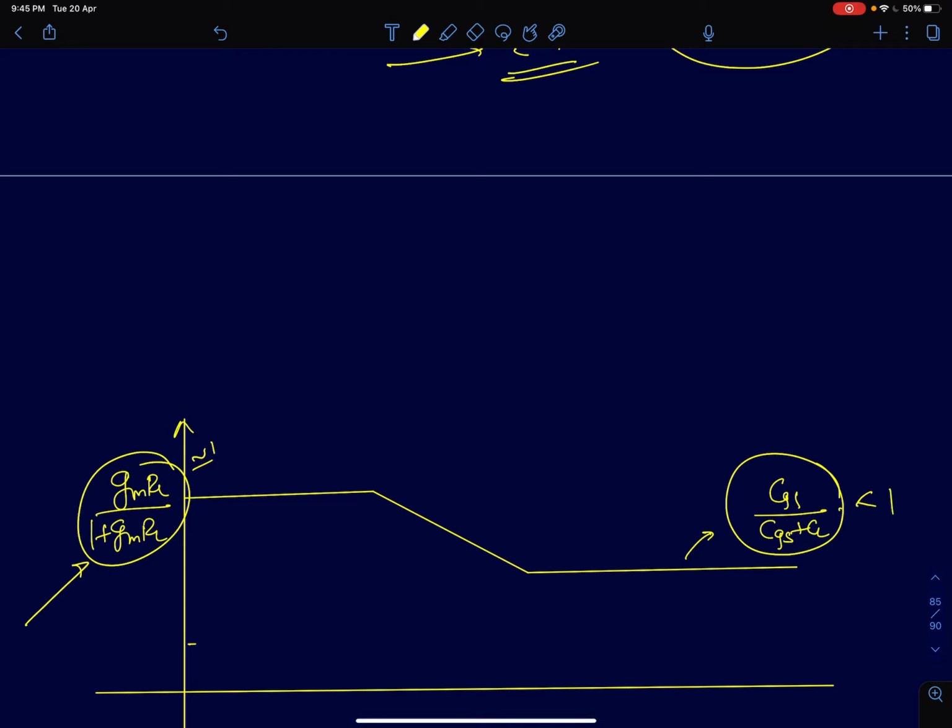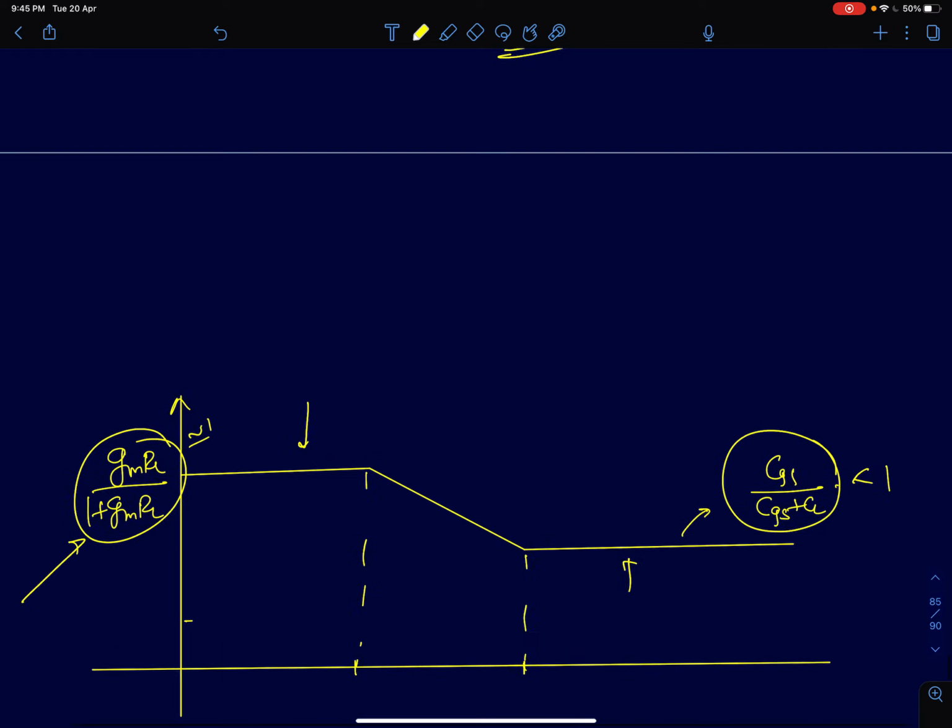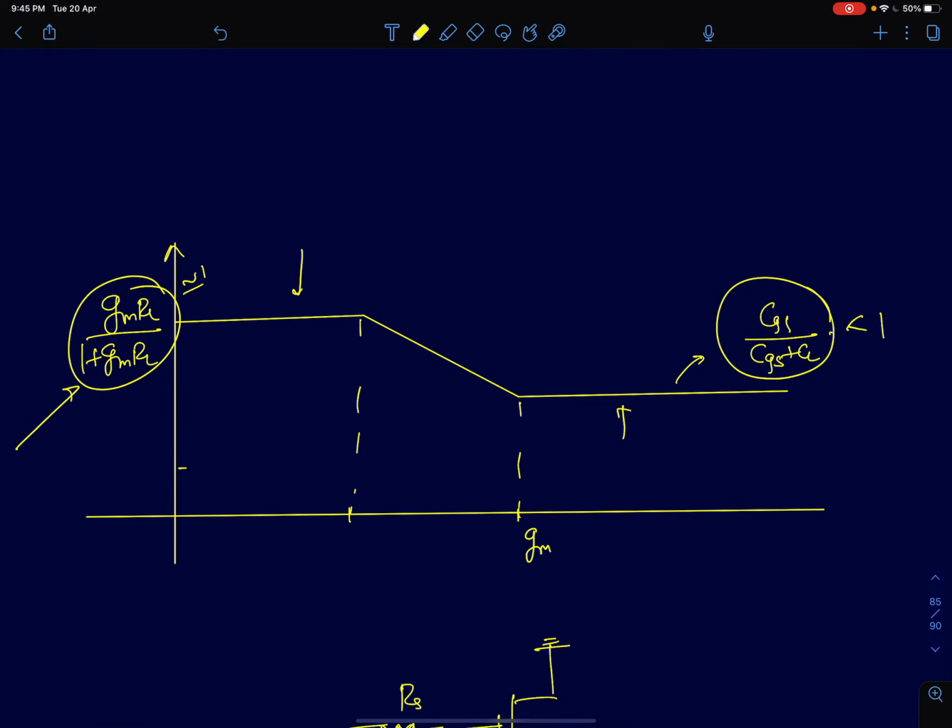So if I want to go from a higher to a lower value, you should encounter a pole first and then a 0 next. The location of the 0 we saw was GM by CGS, and the location of the pole was dependent on 1 by CL into RL parallel 1 by GM. I'm going to assume GM RL is much greater than 1, or I can say RL as a resistance is much greater than 1 by GM.